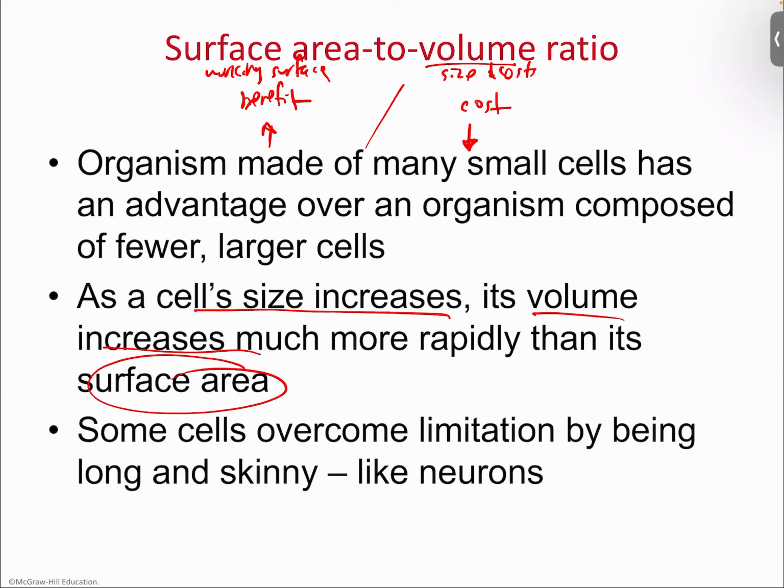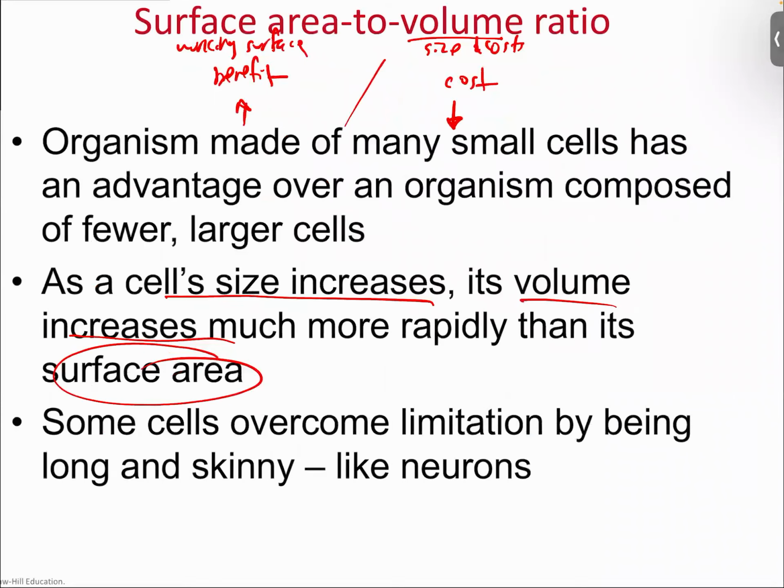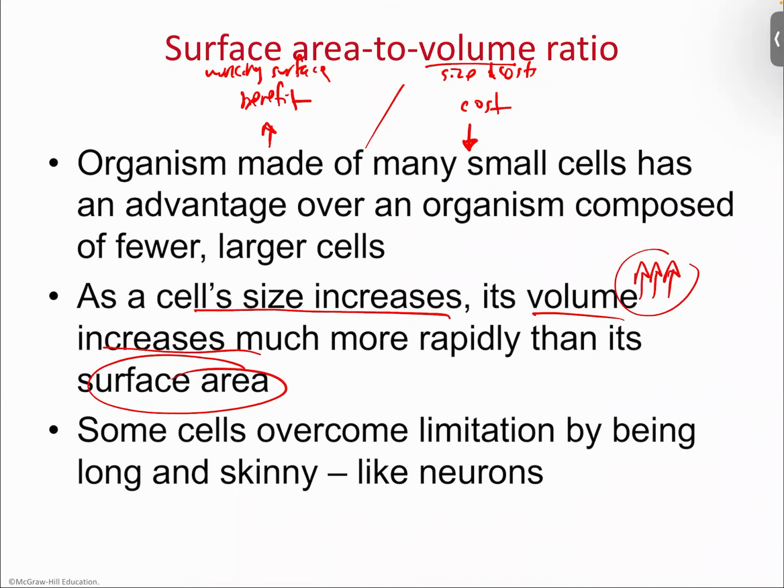Well, that would be a good idea if it were a one-to-one increase, like for every unit of surface area, you increased 1 unit of cost, but that's not the way it works. The way it works is that actually volume increases by a lot more, making this idea not a good idea.